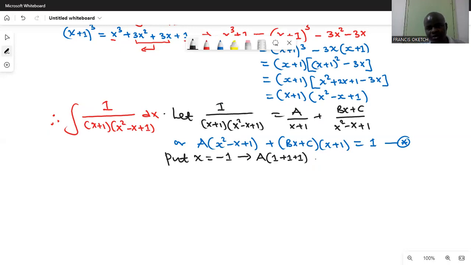The second term will be 0, equals 1. So when you make a the subject, you get a equals 1 over 3. So I still remain to find the values of b and c.